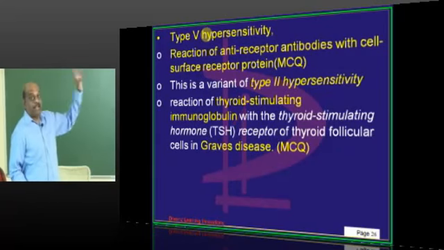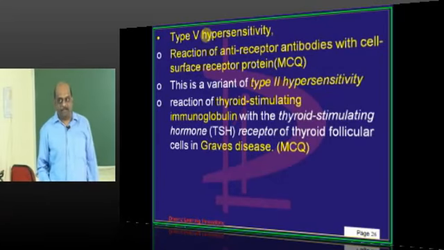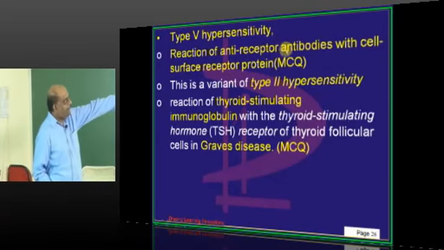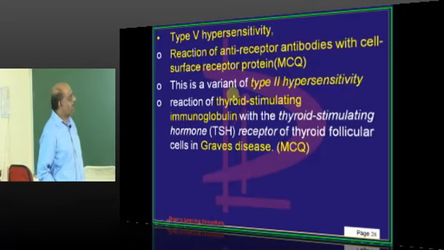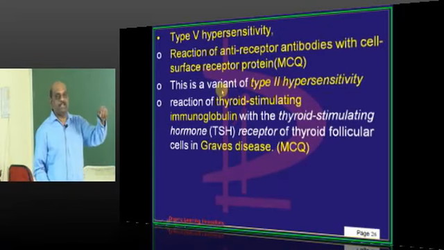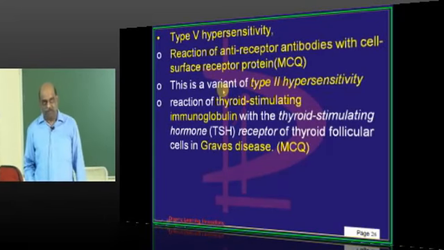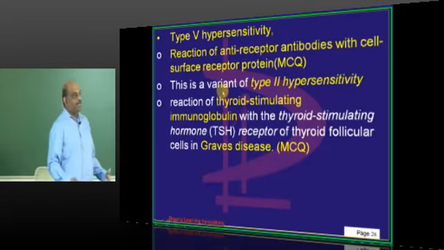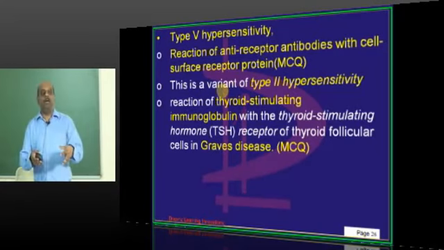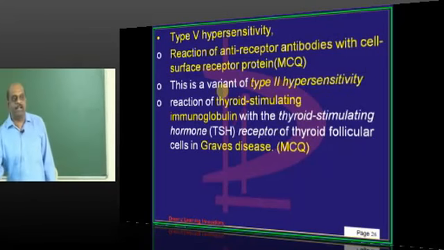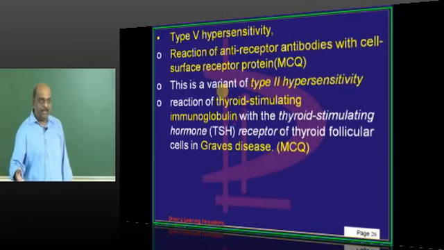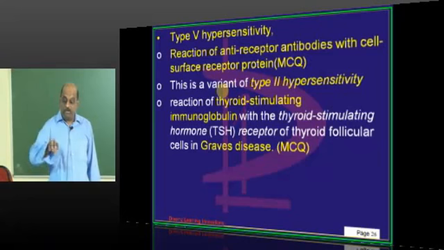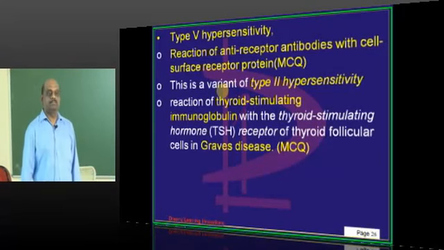But that is not type 5. Type 5 means there is development of an anti-receptor antibody against a particular cell surface receptor protein, but that anti-receptor antibody, instead of destroying that receptor, will stimulate that receptor.